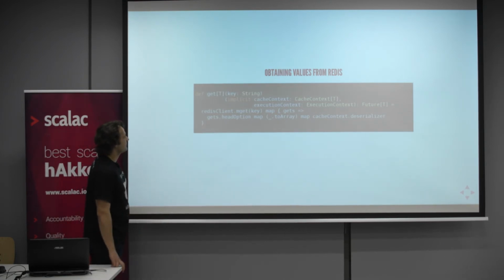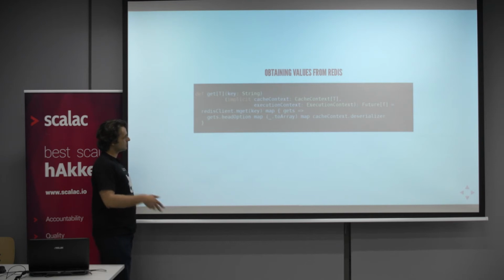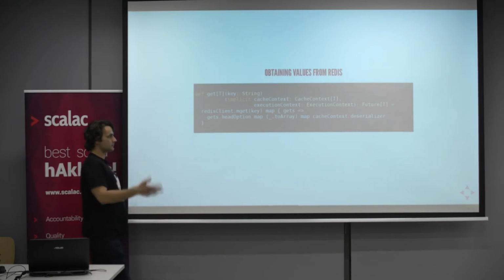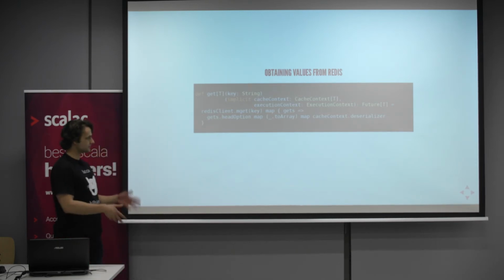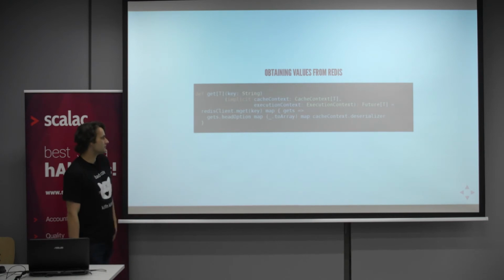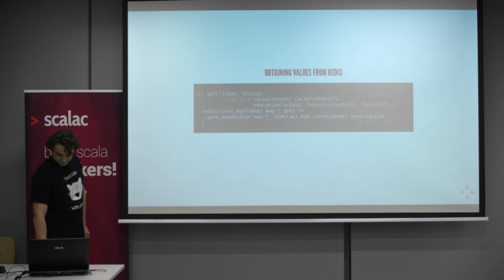If there is anything inside, then we map it into the byte array. Then we put it into the deserializer and obtain the data we put into the cache. So it's really simple. Just fetch the data from Redis. Data are returned as a future option, and after some mapping we get a future option of the type T instead of a future option of the array of bytes.